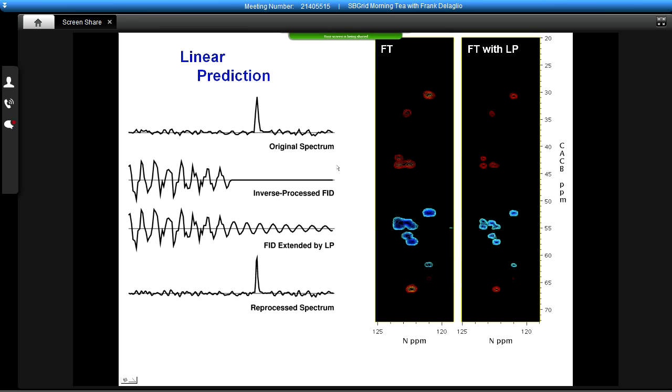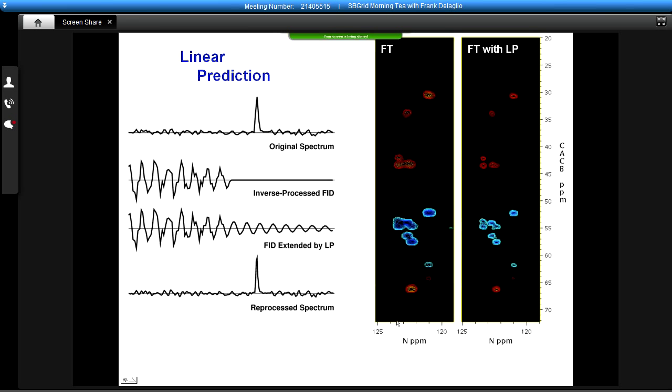And linear prediction in this form is a one-dimensional function. So in a three-dimensional data set, if we want to use linear prediction in the indirect dimensions, we apply it to all the vectors in one dimension and then independently to all the vectors in the other dimension. And here's one example of a result.